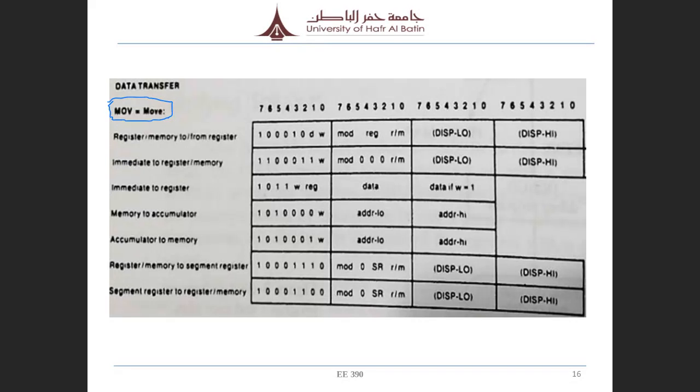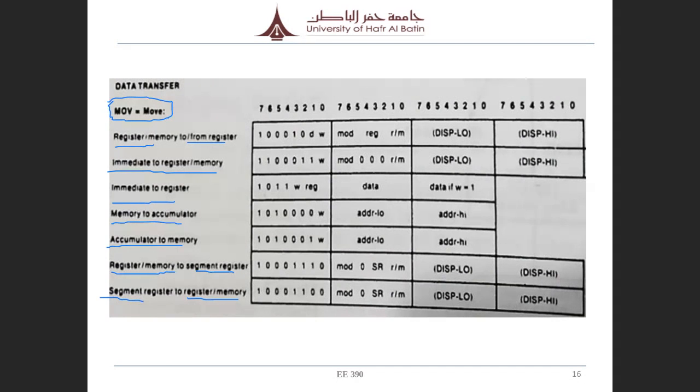We have register or memory to or from register, immediate to register or memory, immediate to register, memory to accumulator, accumulator to memory, register or memory to segment register, and segment register to register or memory. All move operations follow one of these formats.